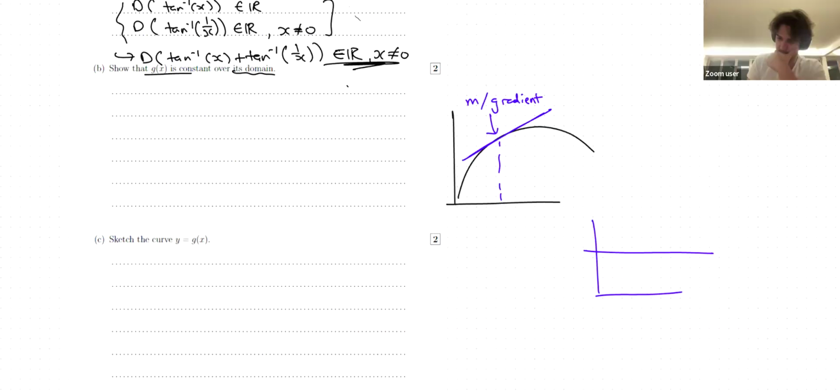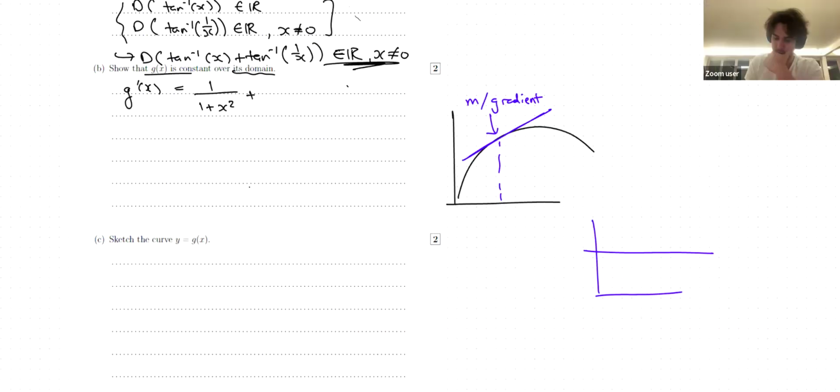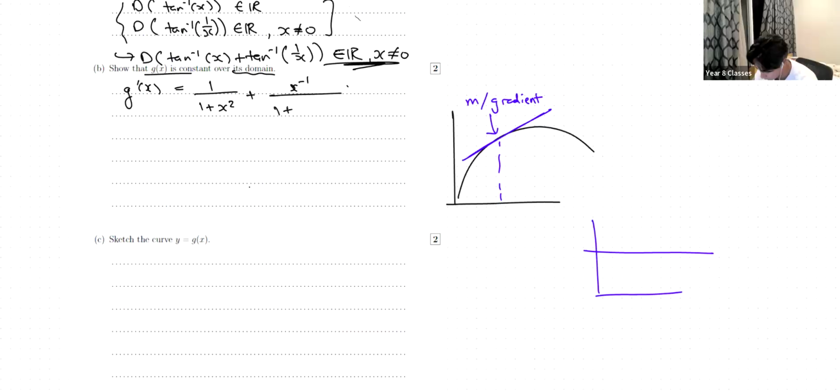So what is that going to look like? That's 1 on 1 plus x squared, plus x to the minus 1 on 1 plus 1 on x squared. You're very close.